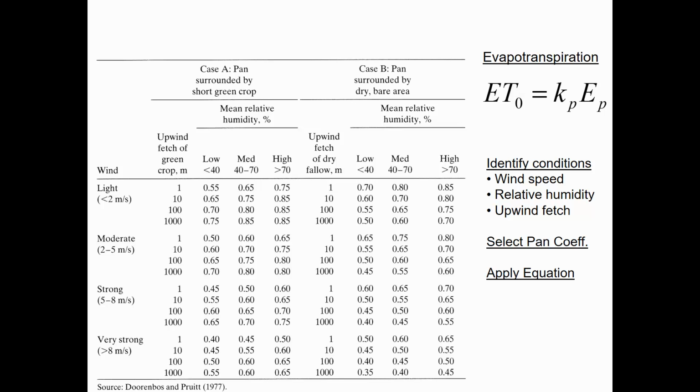And so if you only have 1 meter upwind of your pan that's a green crop, there's going to be a different Kp than if you've got 1,000 meters upwind. There's a closer relationship between the pan and what the crop is doing if you've got a long distance upwind of the crop. Now, this case B is just when you have fallow earth, and so bare area that isn't planted with a certain crop.